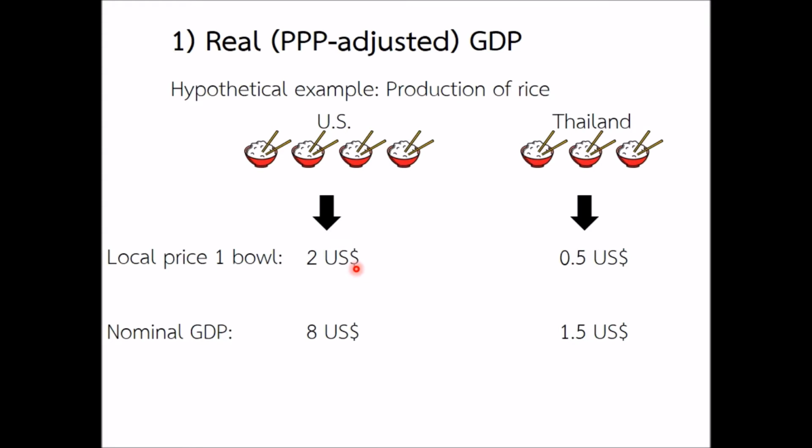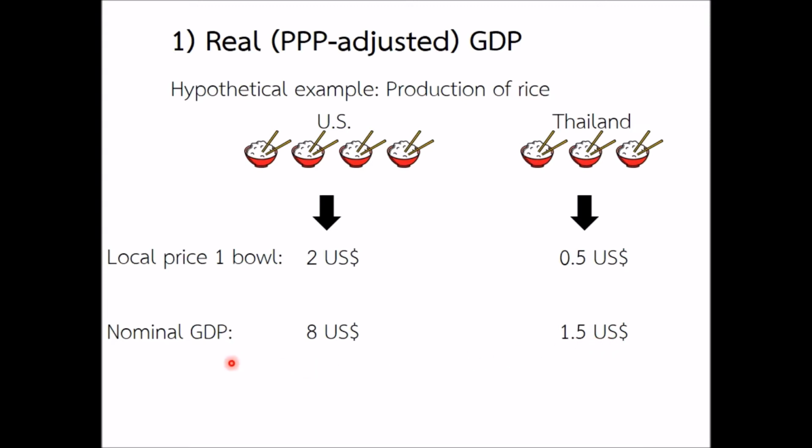Now let's see how we can calculate the nominal GDP. For the United States, the nominal GDP, if we would only have the production of rice, would be $2 per bowl of rice times 4, because we have 4 bowls of rice produced in the United States. 4 times 2 is 8, so the nominal GDP would be $8.